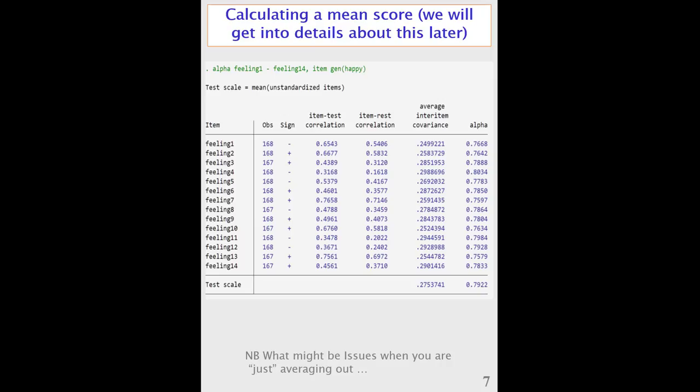And what that alpha command does, and you can see it already a little bit through the pluses and minuses over there, is making sure that these are all turned in the same direction, and then averaged out. How we interpret that, we'll talk about later, but this gives you your average score on these 14 items. That's the y variable that I'm going to use.